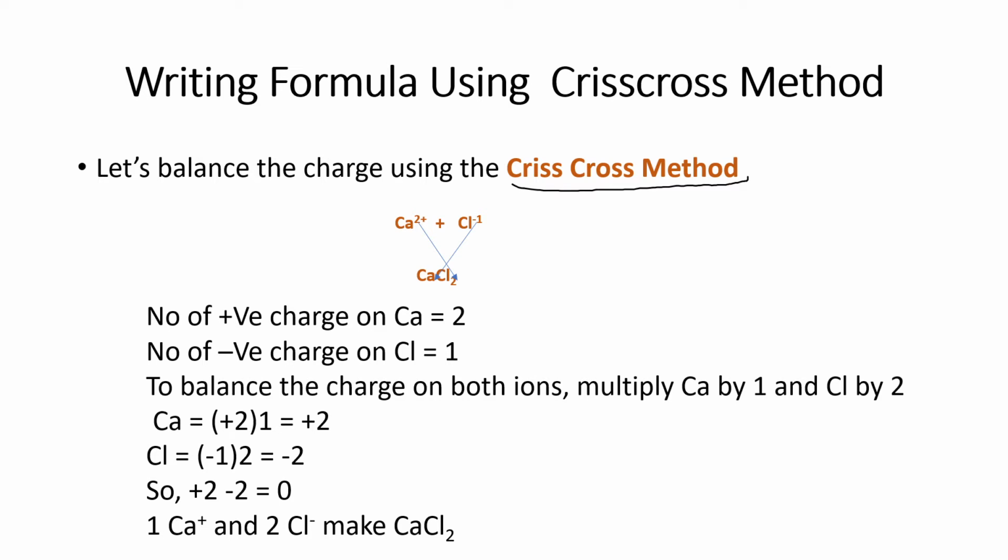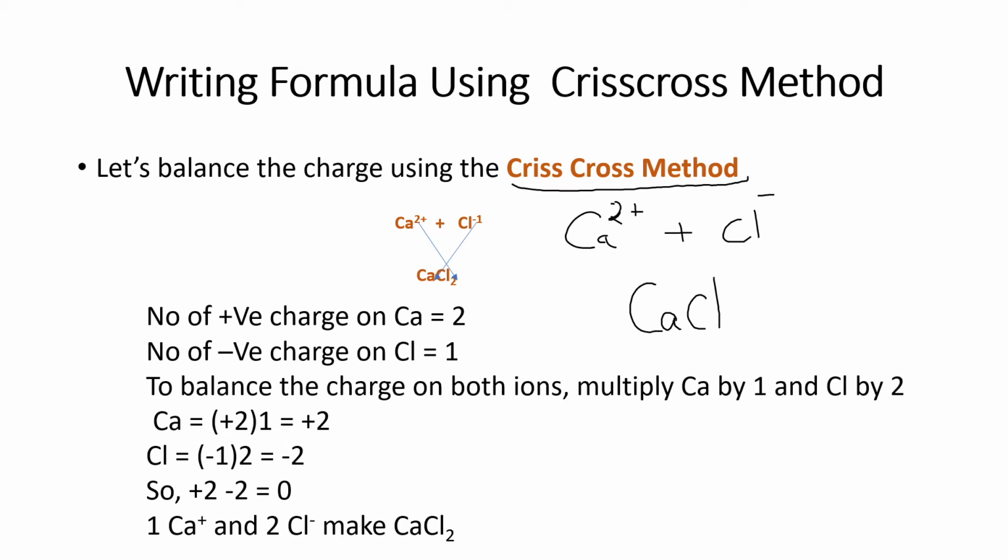So the calcium, Ca, which is a positive ion, Ca2+, is going to combine with the Cl- over here. To write the formula we always should write the positive one first, that means the calcium, followed by the negative, which is Cl in this case.